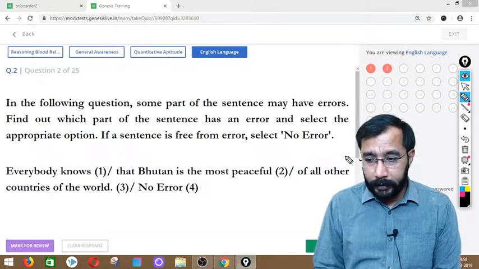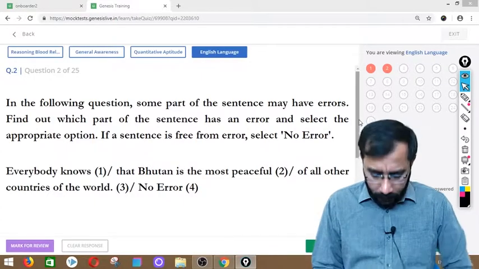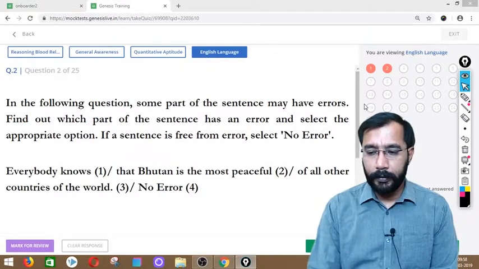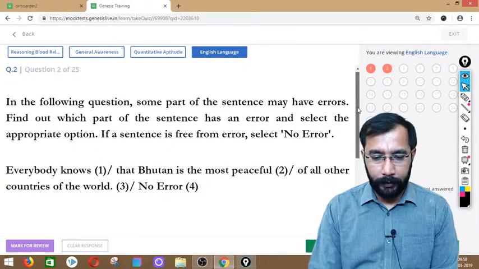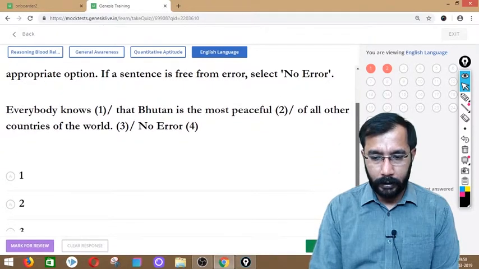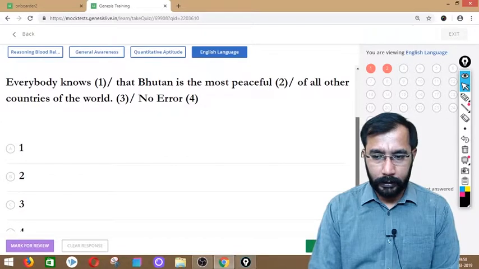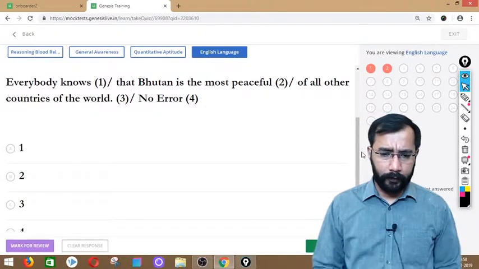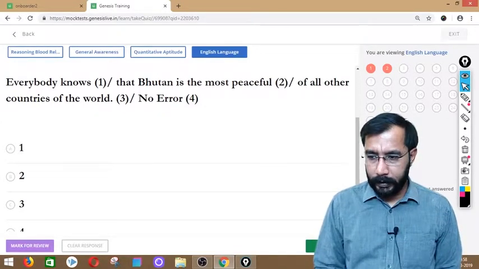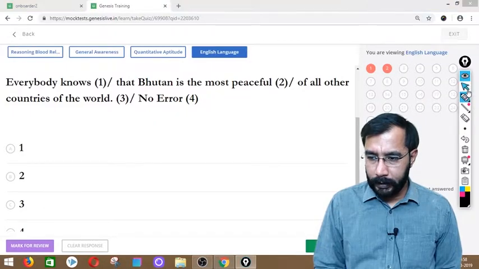And in this particular sentence, the right answer for this question will be, everybody in the world knows that Bhutan is one of the most peaceful of all other countries of the world. And that's exactly where the mistake is.